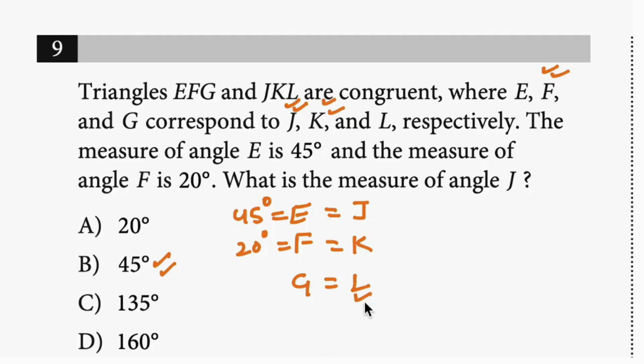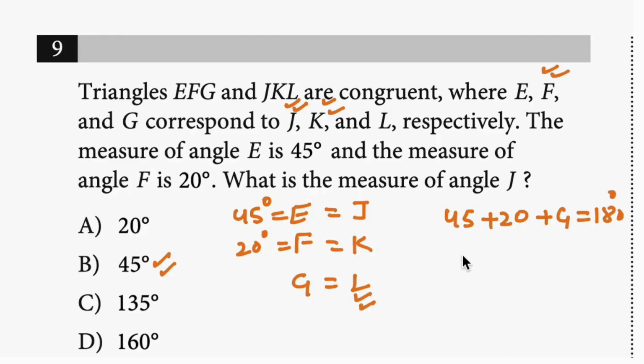What if angle L was asked? Because it is corresponding to angle G and two data are already given, I will not draw this at all. I'll just find G by the angle sum property. So 45 degrees plus 20 degrees plus G is equal to 180 degrees.